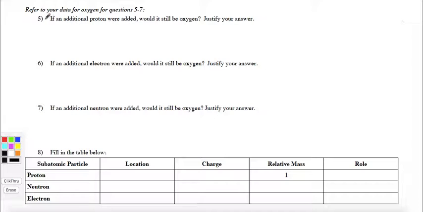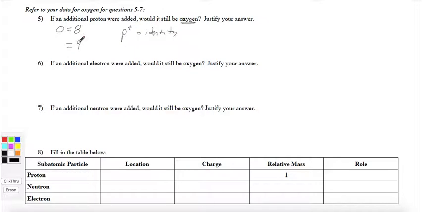So question number 5 says if we have an additional proton added, would we still have the oxygen atom? If we start with oxygen and go to our table from above, we had 8 protons. Now if we added another proton, we'd have 9 protons. And if we remember from that work that we did on that table, protons give us the identity of the atom.